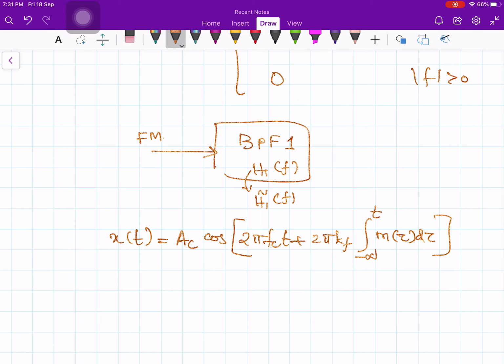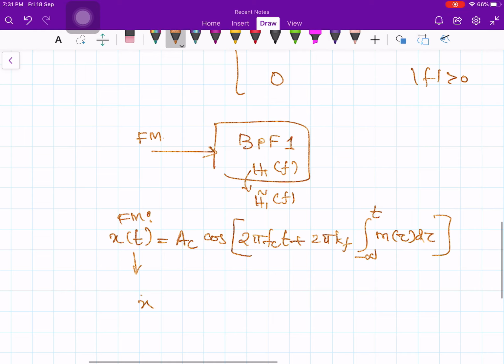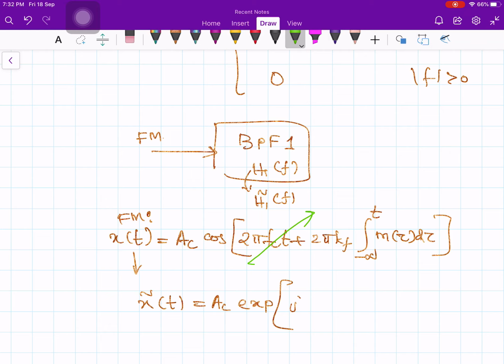Now let me write this frequency modulated signal in its complex envelope form. The complex envelope, let me denote by x tilde of t. X tilde of t is equal to AC times exponential of j times, when you write in the complex envelope form, the carrier term will go away, because you are bringing the spectrum from the carrier frequency back to zero frequency.